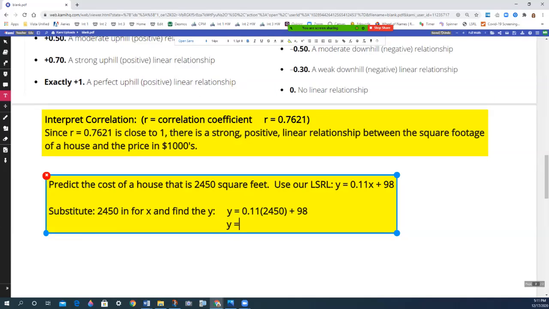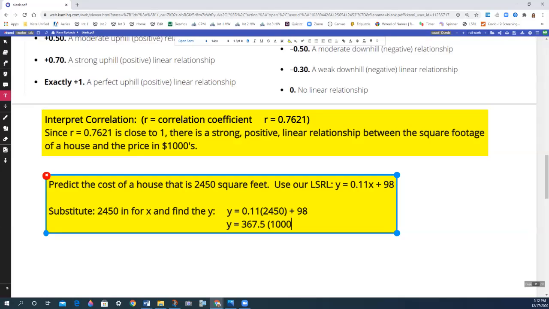Okay. We end up getting, so 0.11 times 2,450 plus 98 gives us 367.5. Now remember, this is in thousands, right?